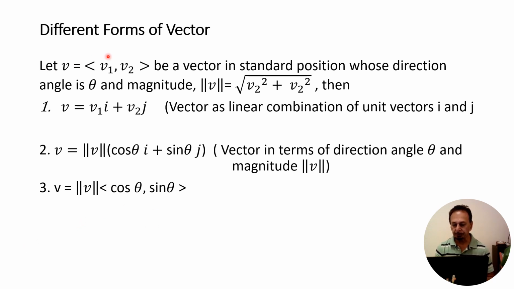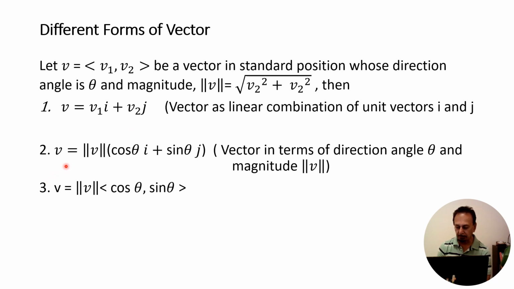Different forms of vectors. Let v = ⟨v1, v2⟩ be a vector in standard position whose direction angle is theta, and the magnitude is the square root of v1 squared plus v2 squared. Then, number 1, we can write vector v as v1 i plus v2 j, a linear combination of unit vectors.